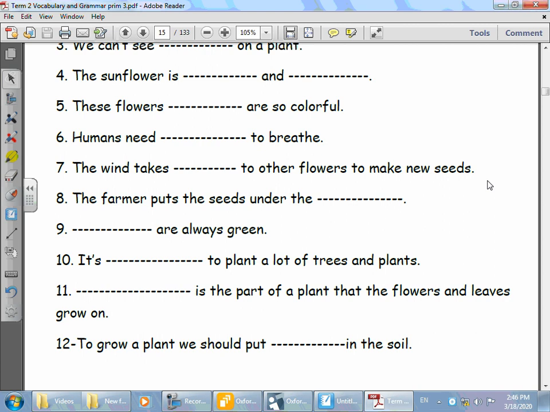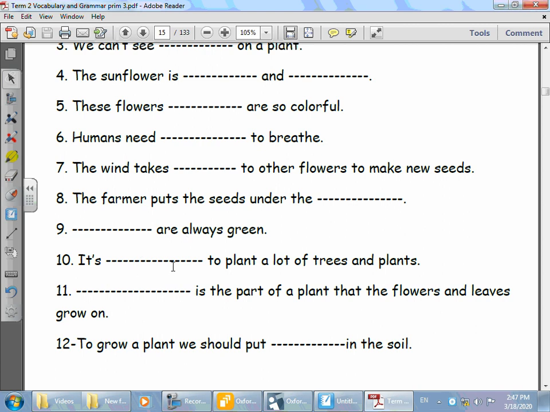Excellent. Okay, the farmer puts the seed under the soil. Okay, what are always green? What are always green? Excellent, the leaves. And here also, it is at the beginning of the sentence, so it needs to start with a capital L.